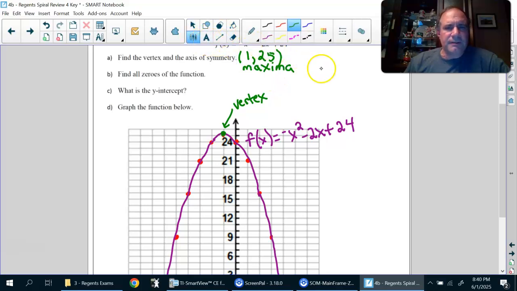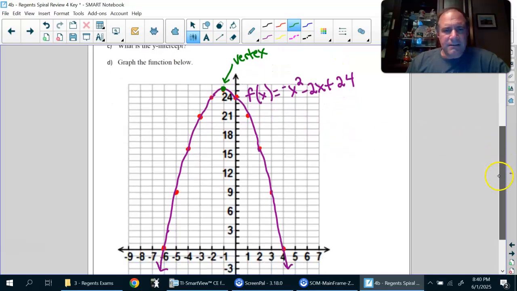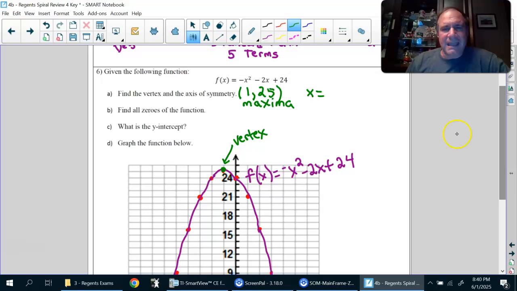The axis of symmetry is always x equals, and it is negative b over 2a is really what you want to put down. Negative b over 2a, it's given. So x equals negative b, a is negative 1, b is negative 2.